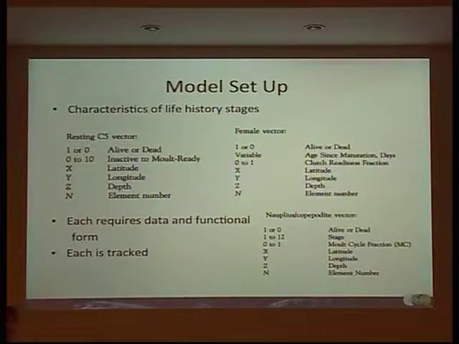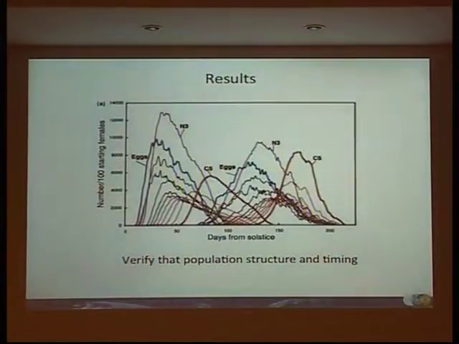One of the criticisms I hear a lot with these individual-based models is, well, so what, you can't really verify it, you can't really do anything with it. But you really can, because you have these kinds of data here, where you verify the population structure and timing. You might not be able to get absolute numbers, but you would certainly know the eggs from observations, and here you use a whole range of kinds of things.